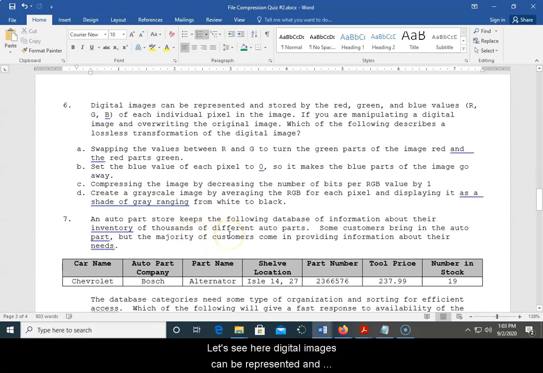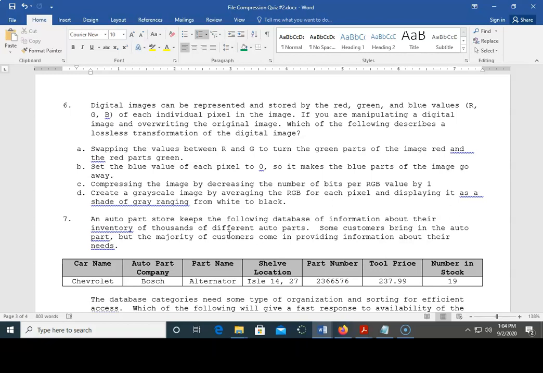6, let's see here. Digital images can be represented and stored by the red, green, and blue values, RGB, of each individual pixel in the image. If you are manipulating a digital image and overwriting the original image, which of the following describes a lossless technique? Okay, so this is where you don't lose information, all right?